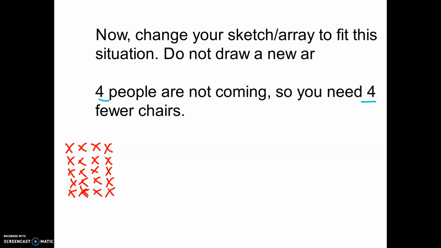So I don't want that. It's 4 chairs, so we're just going to cross off that bottom row and then write a new number model. So now I have 4 rows with 4 chairs in each row, and now I have 16 chairs.